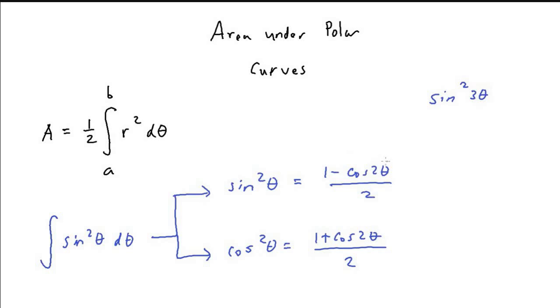So instead of having cosine of 2 theta, we're going to replace theta with 3 theta, so then we'll get 1 minus cosine of 6 theta over 2. So once again, just replace the theta value with 3 theta. So then you'll get 3 theta times 2, which is 6 theta.